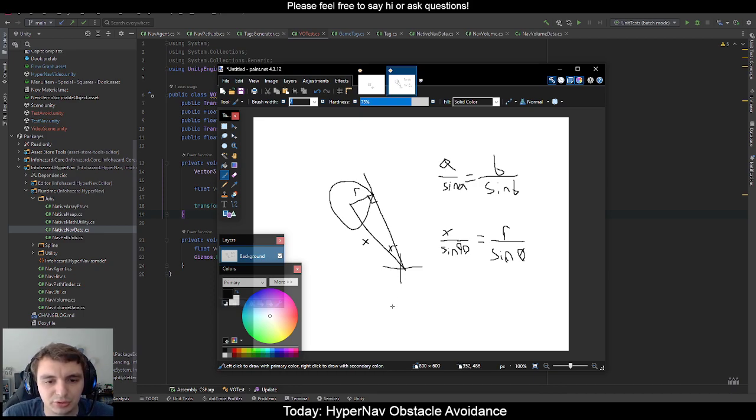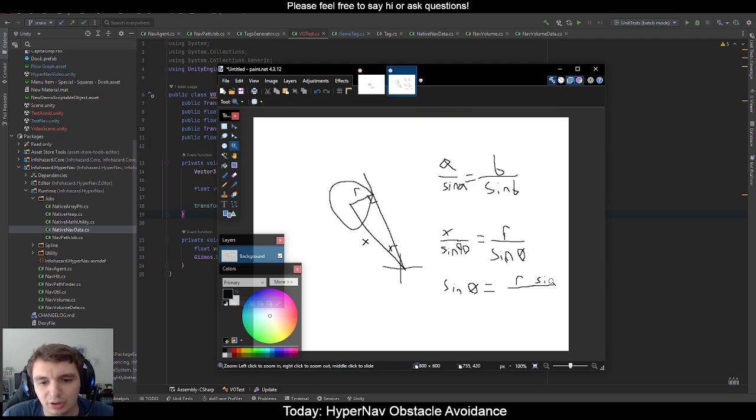And in other words, the sine of the desired angle equals r over x, since sine 90 is just 1.